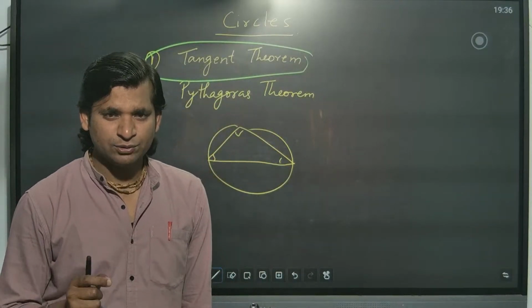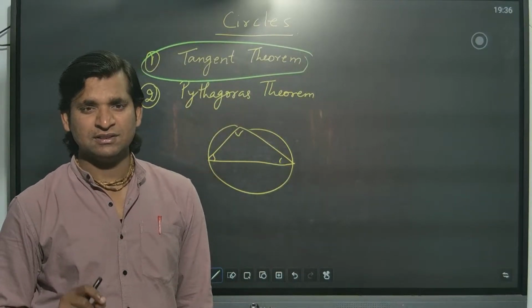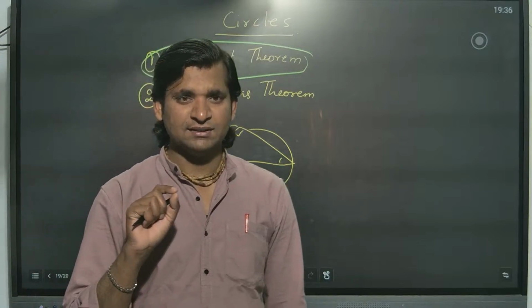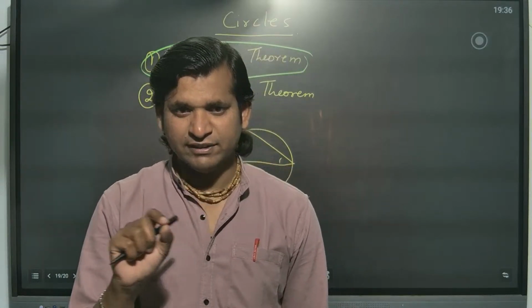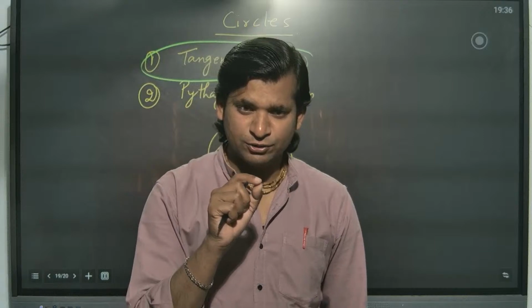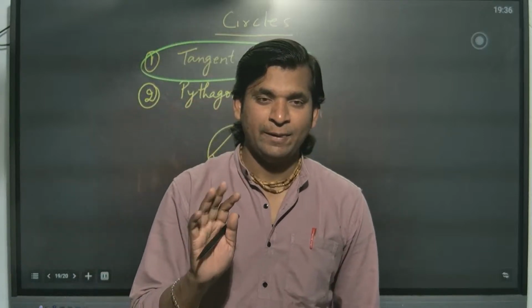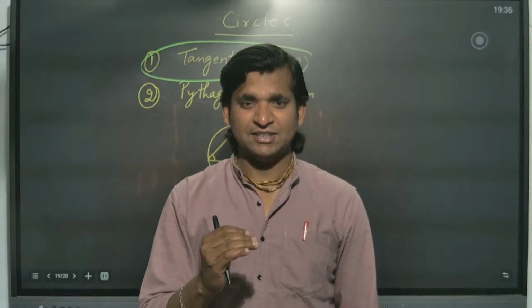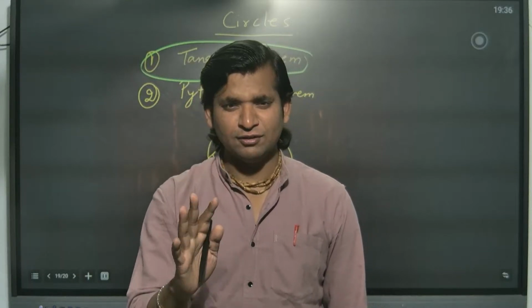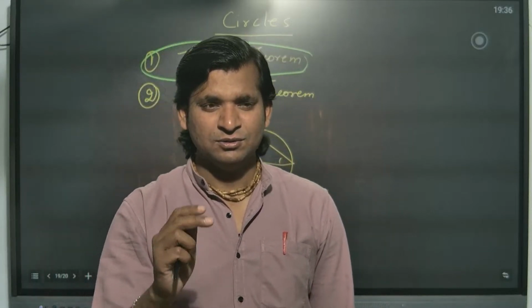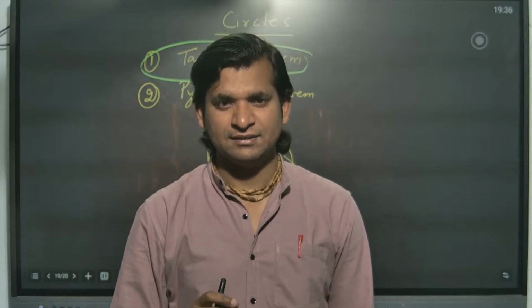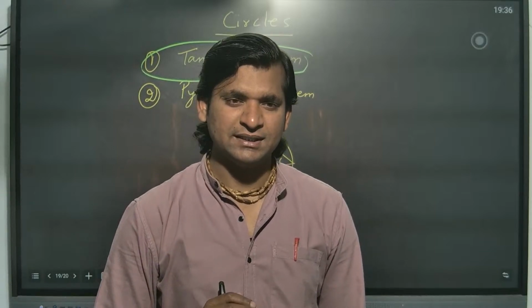Even if it is given in the question, you still have to write the statement. Then you have to write what is given. Then you have to write what to prove. Then you have to write the proof. Everything step by step. Follow. Don't leave a single thing because there will be step marking.